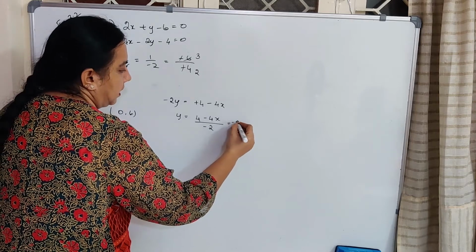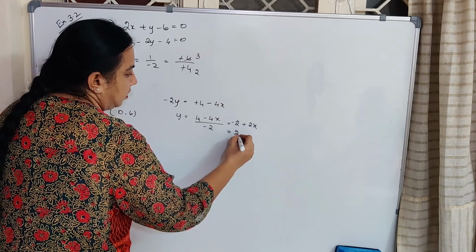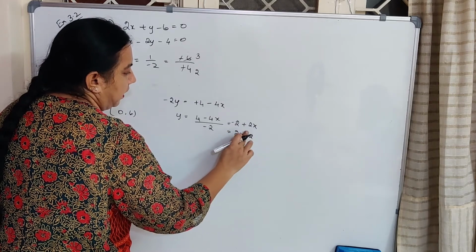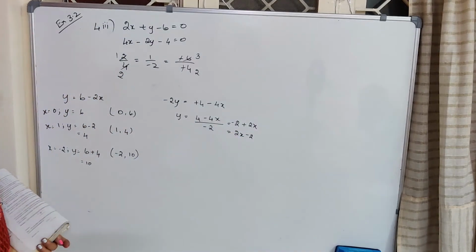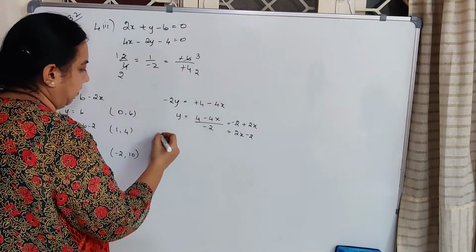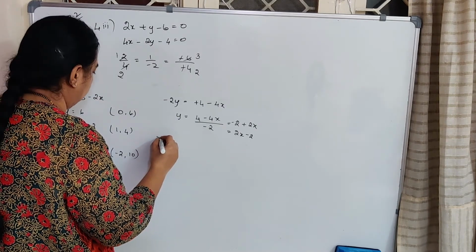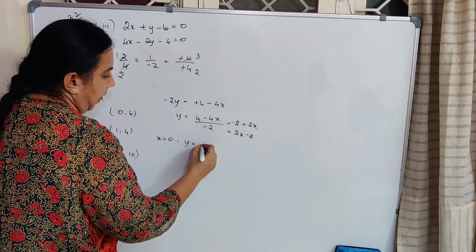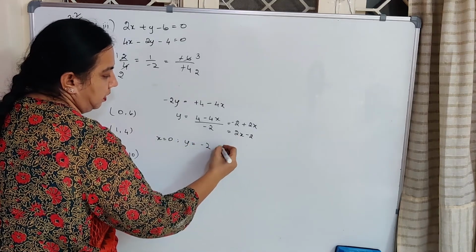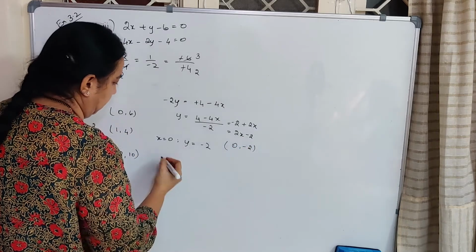So it becomes minus x plus 2x. It can be written as 2x minus 2. Okay. So I get 2x minus 2 there. y is equal to 2x minus 2. For that I am substituting different values of x now. So when x is equal to 0, y's value becomes minus 2. This term becomes 0. So the point is 0 comma minus 2.